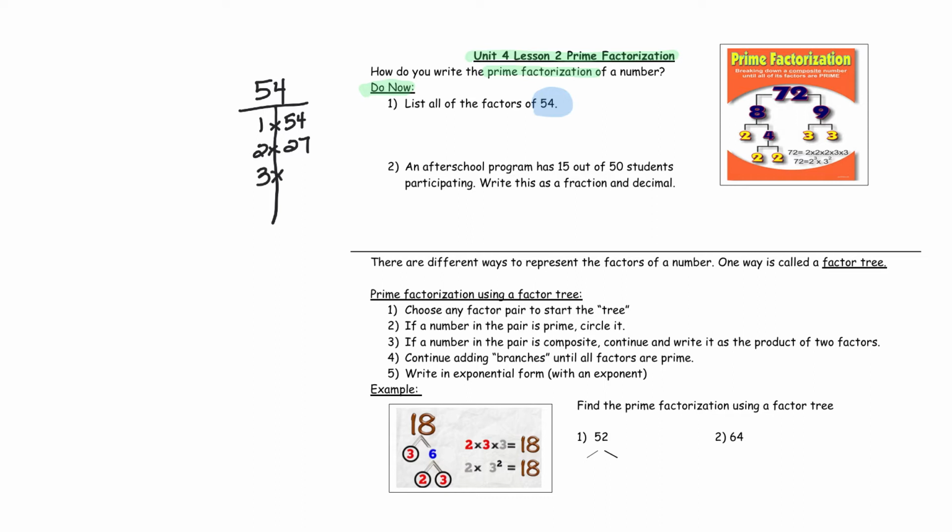So 3 times 18. Can 4 go in? Nope. 5? Nope. But 6 can. 6 times 9, and I am done. Okay. And it says list all of them. So if we write them in the chart, I can list them 1, 2, 3, 6, 9, 18, 27, 54.